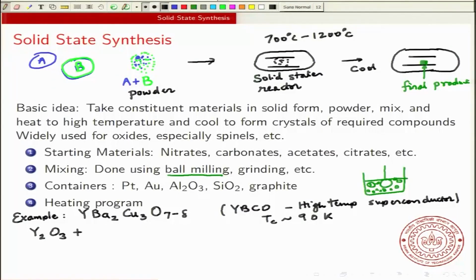Y2O3 plus barium carbonate, so yttrium and barium are reacted, in the presence of copper oxide and some oxygen.